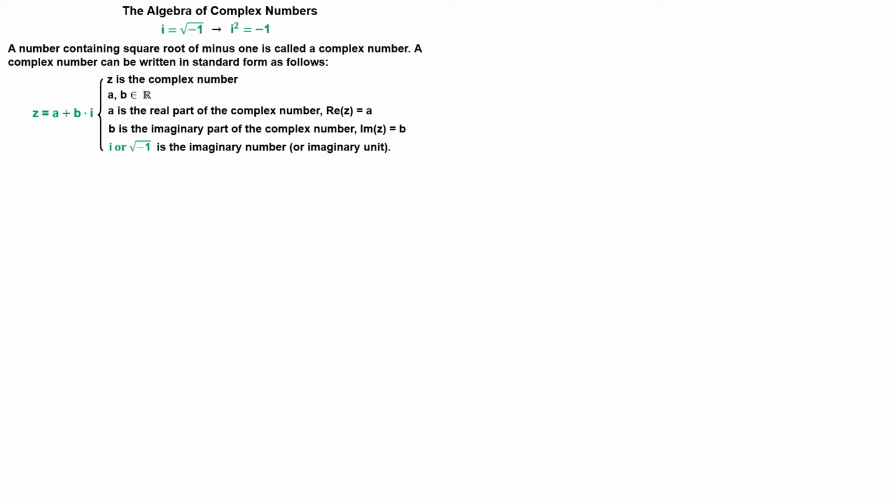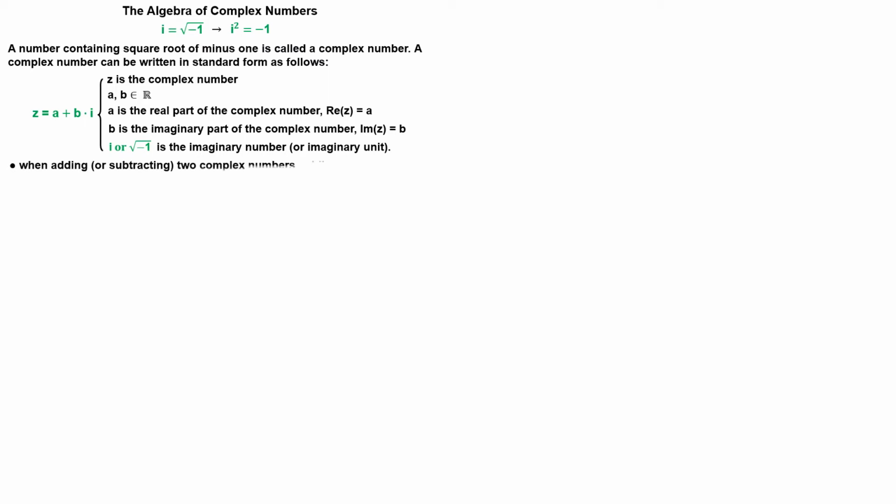We can think of complex numbers as binomials of a sort. Therefore, complex numbers are added, subtracted, and multiplied just as we would any binomial. The only difference that we need to keep in mind is that i squared is equal to -1.